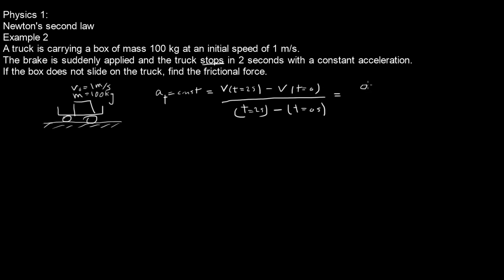So stops means it's 0 minus v naught, which is 1 meter per second, divided by 2 seconds minus 0. Therefore I have minus 0.5 meters per second squared.